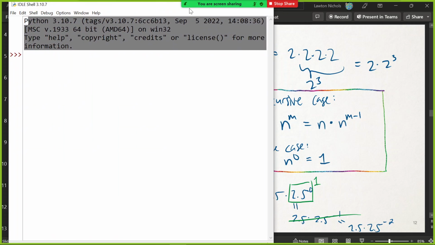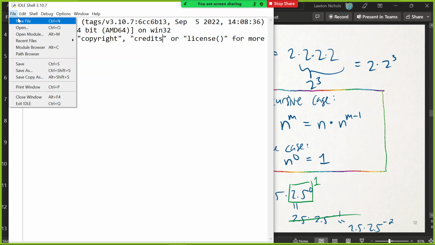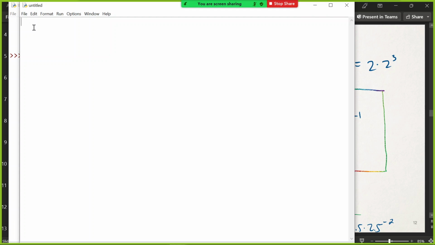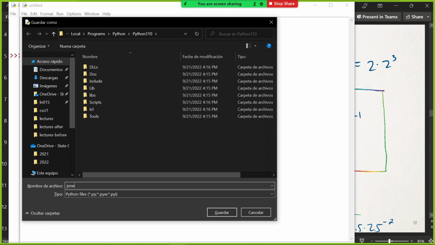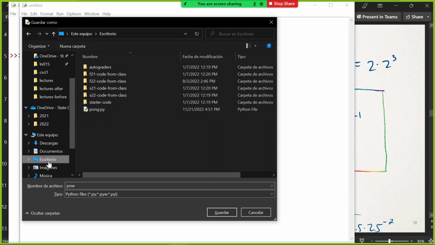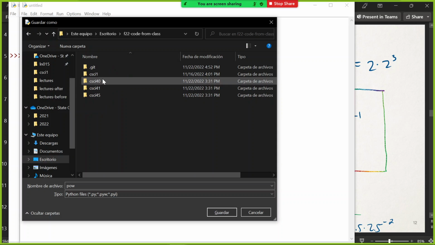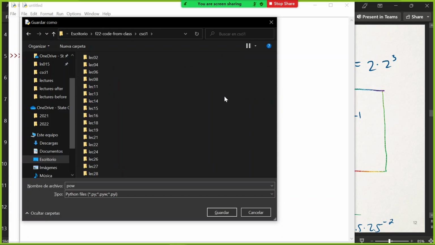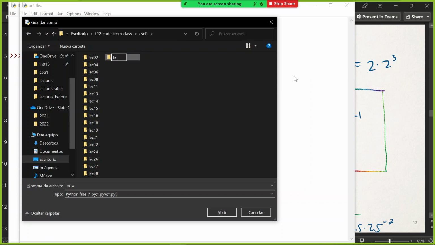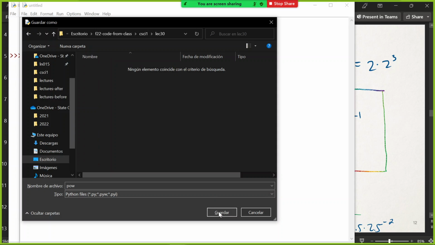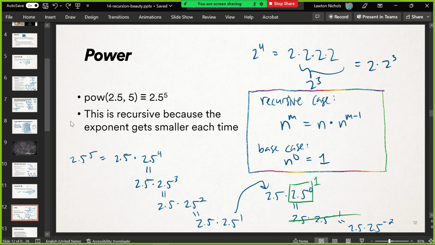We need this to be visible eventually. New file, lecture 30. And we'll call this POW, POW for power. So it'll be pow.py.